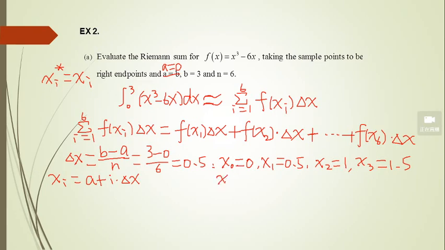Then what is x4? Based on x3, you add the delta x, so it is 2, and then x5. What is x5? 2.5. What is the last one? x6. x6 is 3, and actually x6 equals b, right?